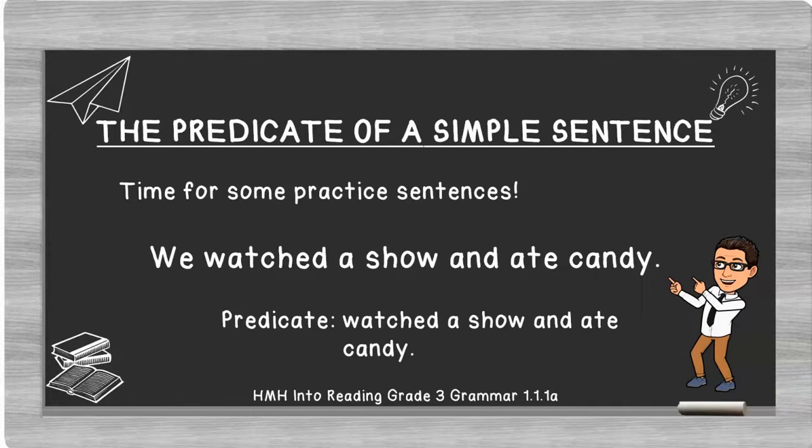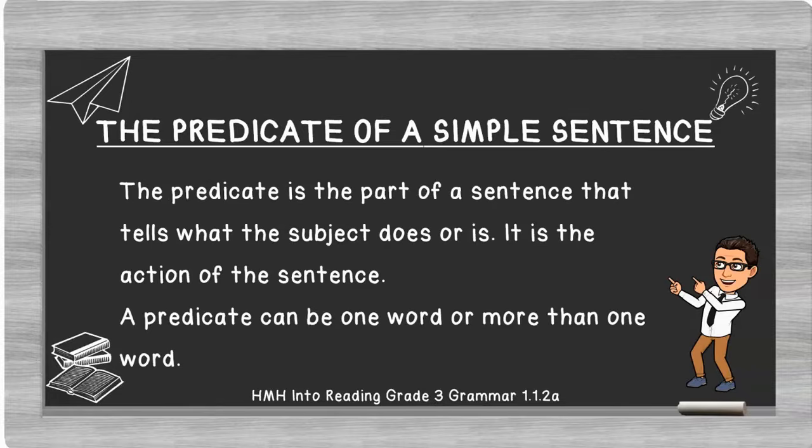What did we eat? We ate candy. Watched a show and ate candy. That is our predicate. It's a compound predicate because it has two actions and it's tied together with the conjunction and.